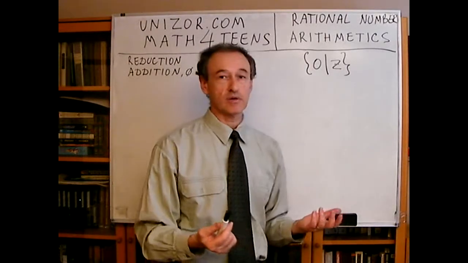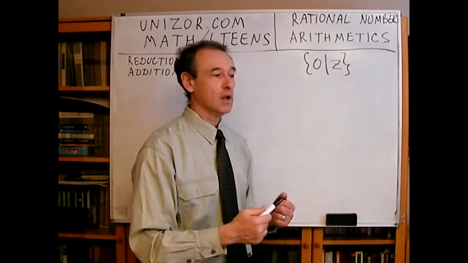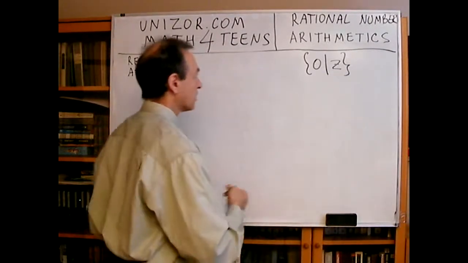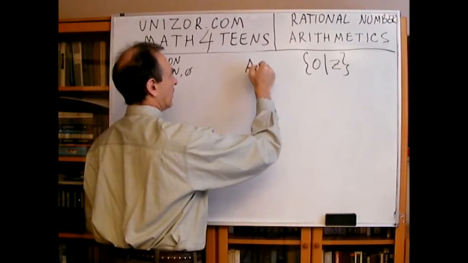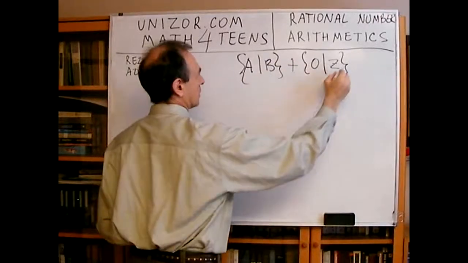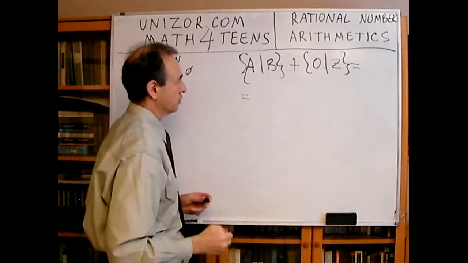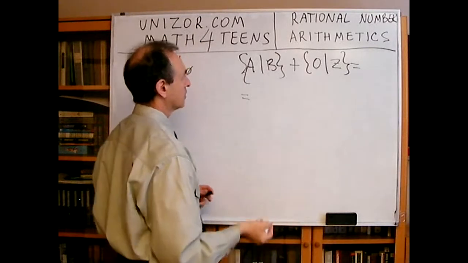Now, what is zero? Zero is something that, if you add it to any other rational number, results in that other rational number. So let's just add A over B plus 0 over Z. It's equal to the common denominator BZ.